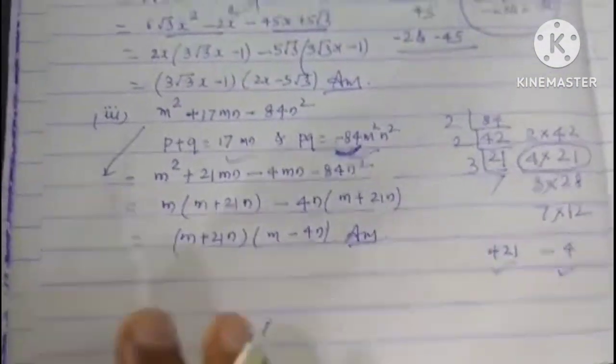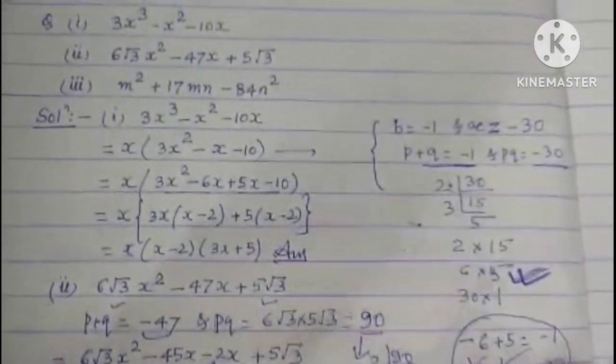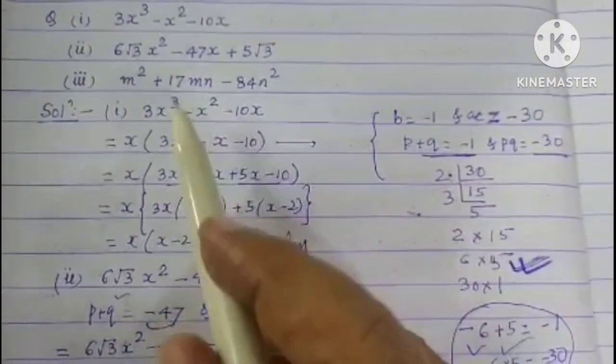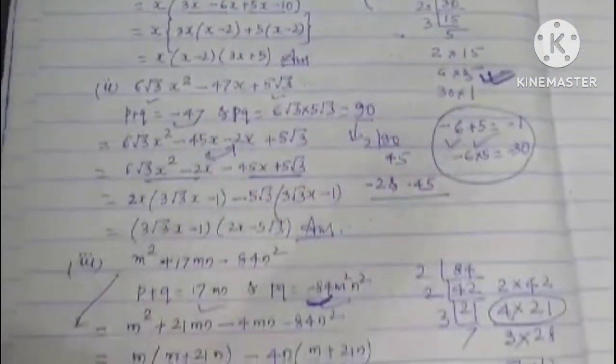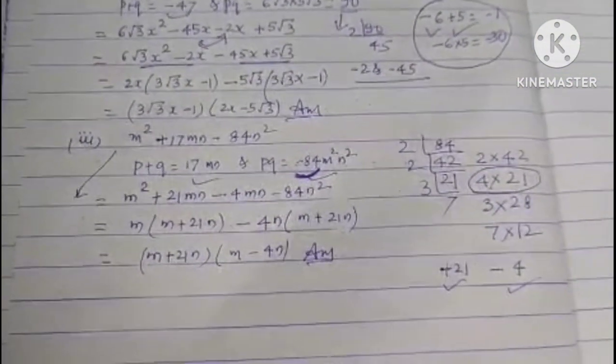So we have done 3 questions of 3 types. All of these are going to help you very much. Let us move forward. So friends, I hope this video will be quite helpful for you, because I have done so many types of questions of this method of factorization of quadratic polynomials, and I hope that you have learnt very well the method of splitting the middle term.